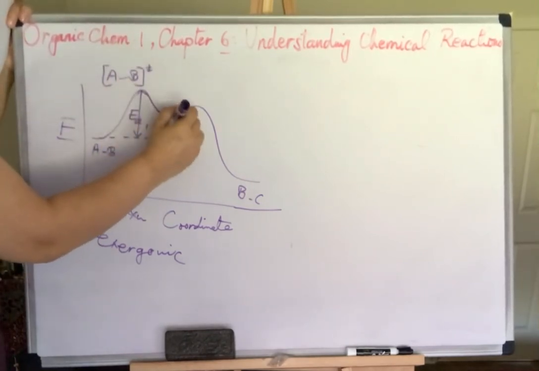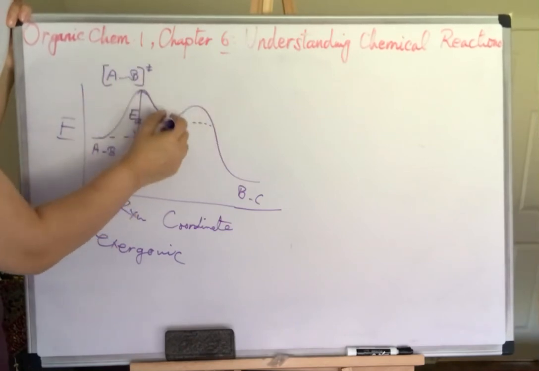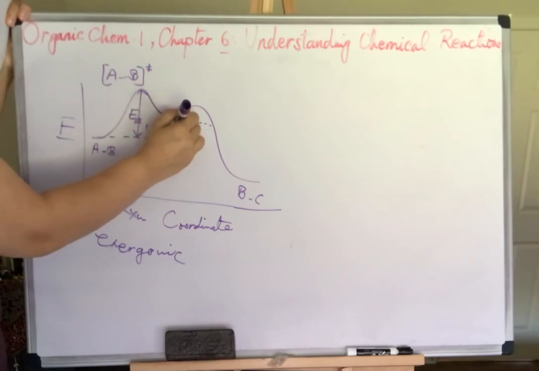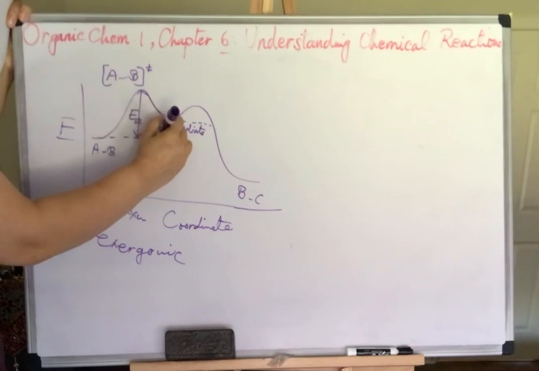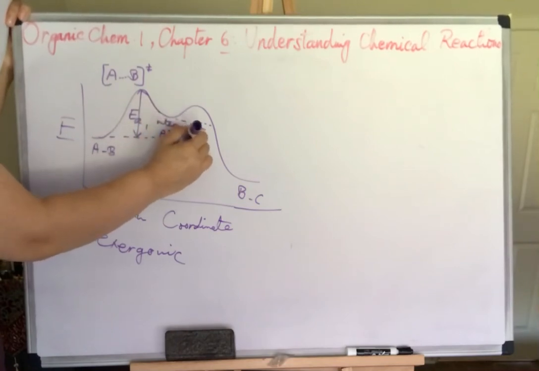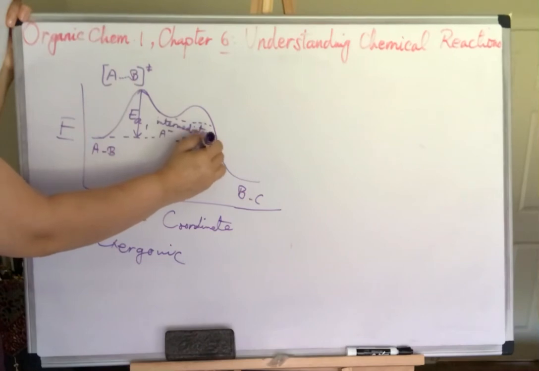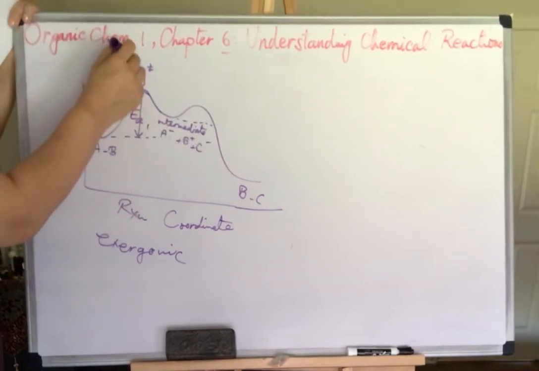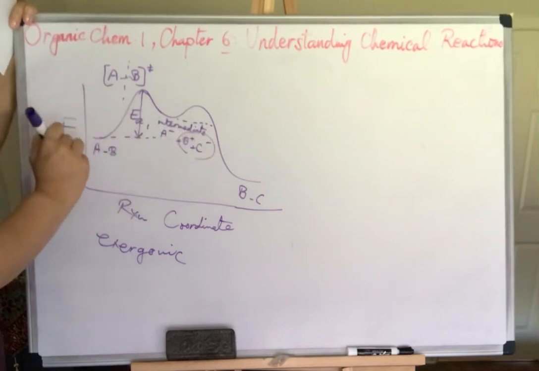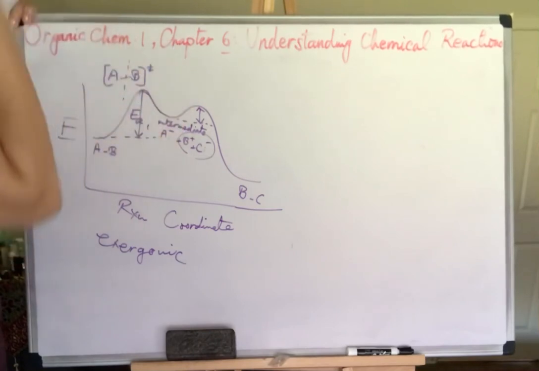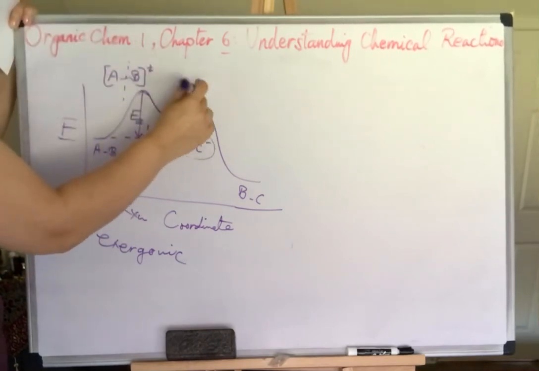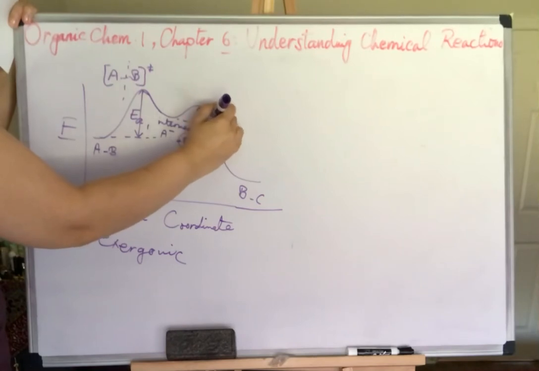Then we have here an intermediate, because atom C is going to be involved, because the bond is supposed to break between A and B and C stick together. So the second level between intermediate and the second intermediate is the second transition state, activation energy 2.